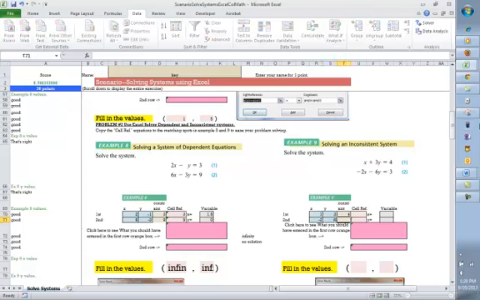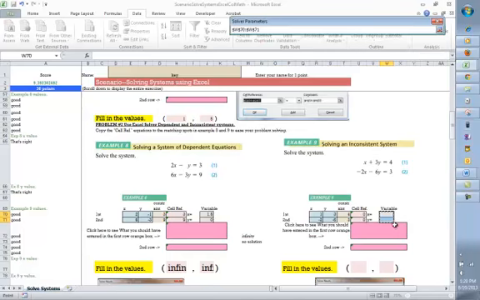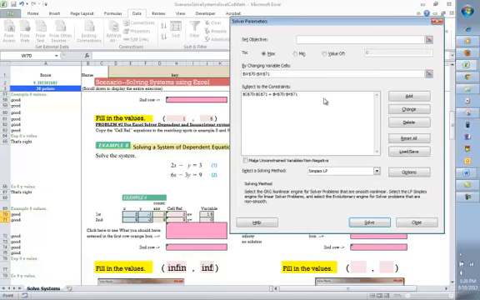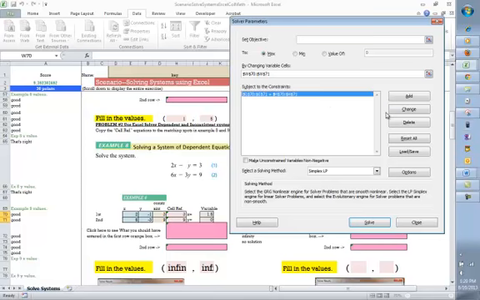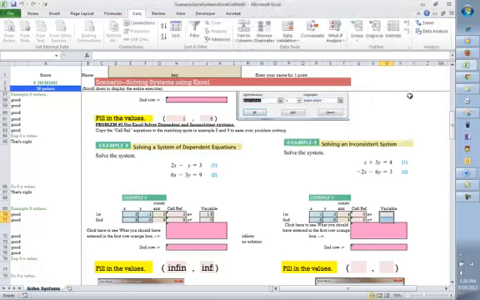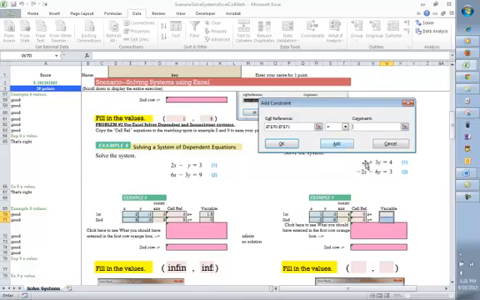-2, -6, and 3. And then let's just copy these cell references again so that we don't have to retype them, and paste them into those boxes. And we're going to change Solver again so that we're going to have those variables according to the constraint where these two are going to be equal to the cell references.